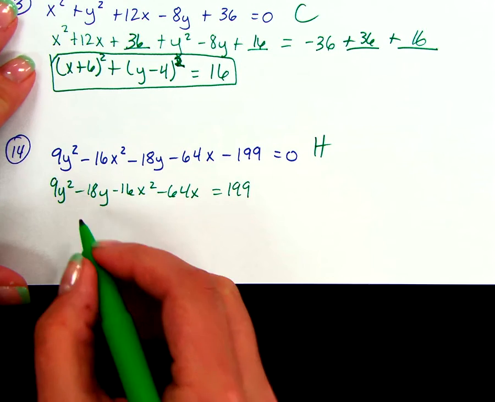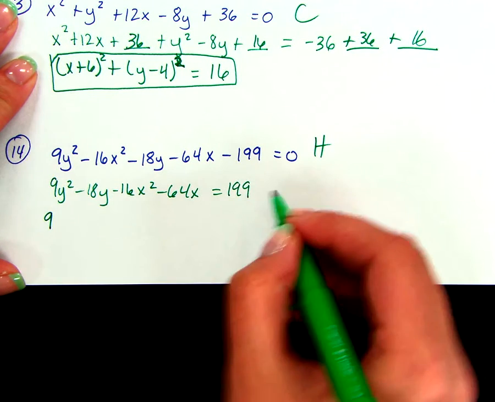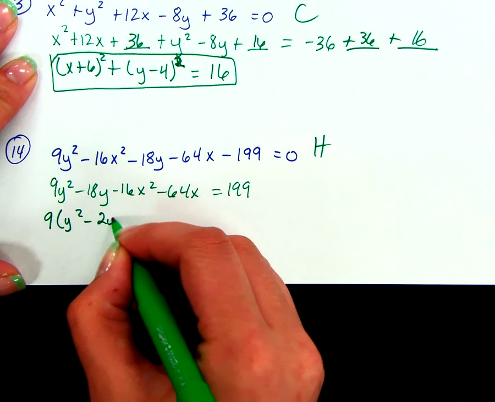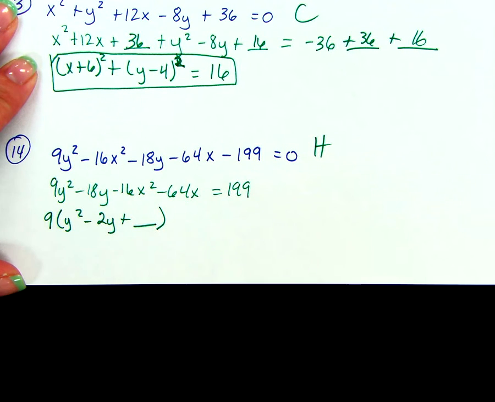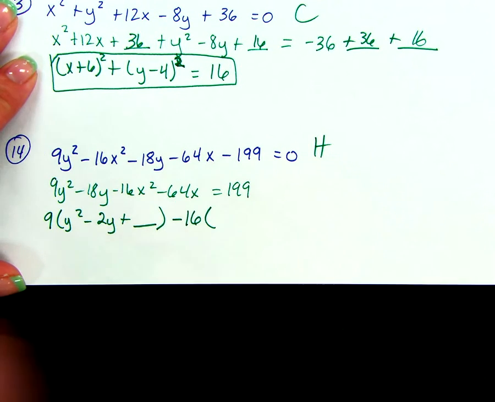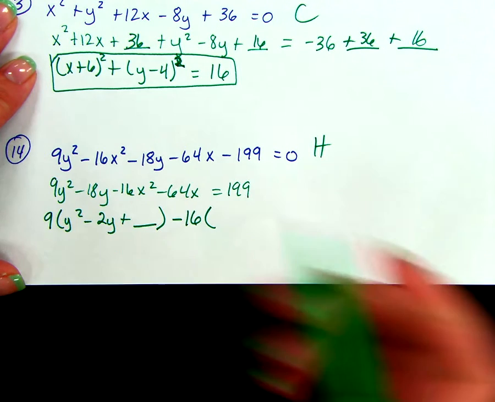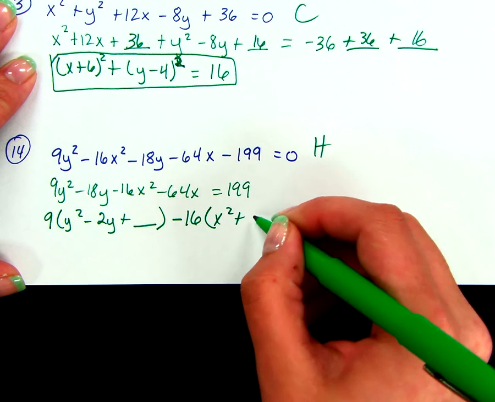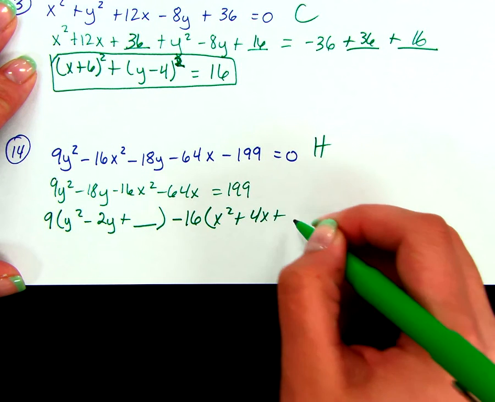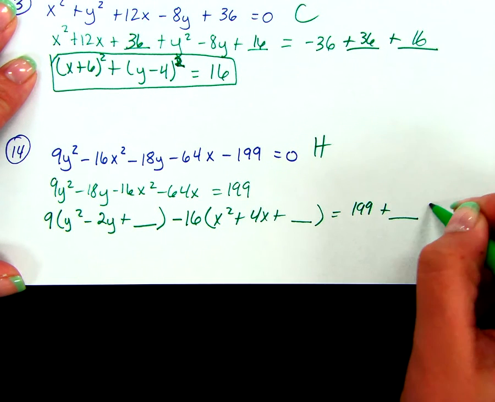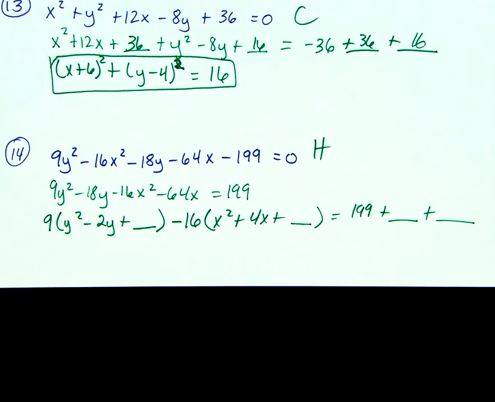So now we need to factor. So if we factor out a 9, that will leave us with y squared minus 2y, and then we're going to leave room to complete the square. And then we need to factor out a negative 16. So let's see, that'll leave us with x squared plus 4x, room to complete the square, equals the 199, and then we are adding those same numbers over.